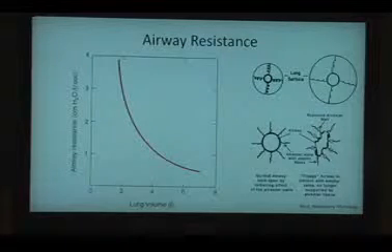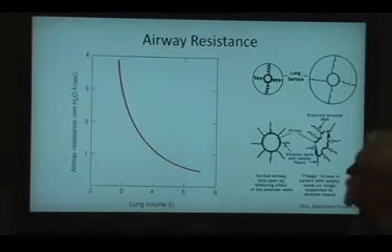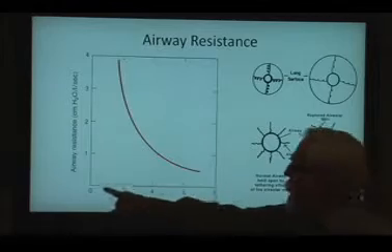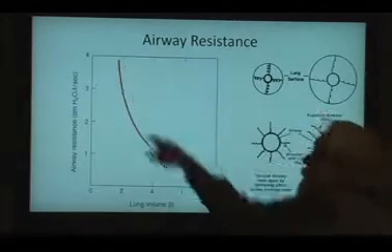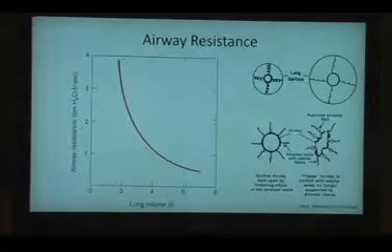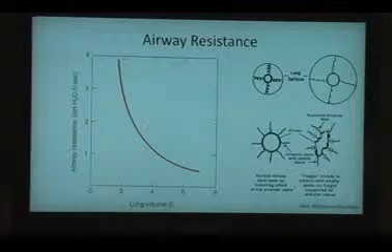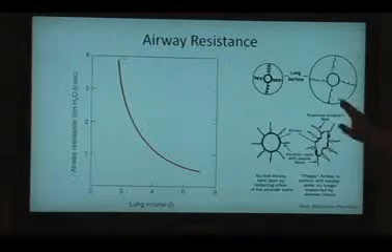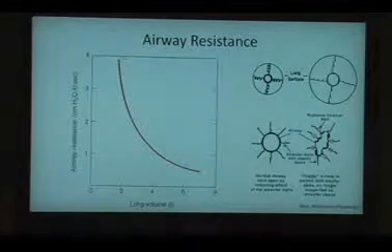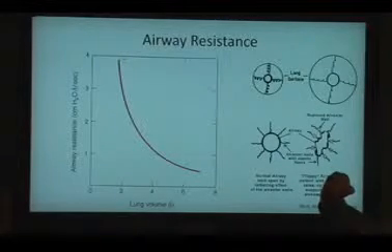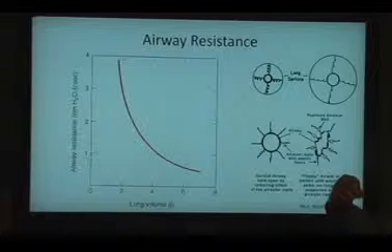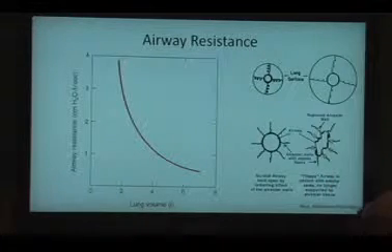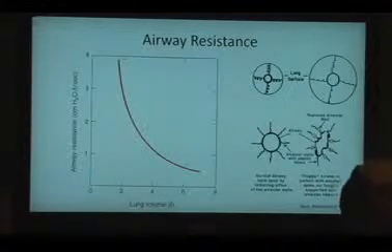Airways resistance is also affected by lung volume. So you can see with a higher lung volume, airways resistance goes down. Why is that? Well, that is because of the tethering effect of the alveoli. The alveoli between the lung surface and the airway tend to pull in on the chest wall and pull out on the airways.